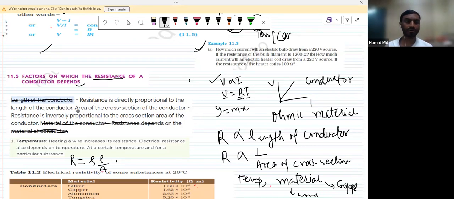Resistance is directly proportional to the length of the conductor and inversely proportional to the cross-sectional area of the conductor.